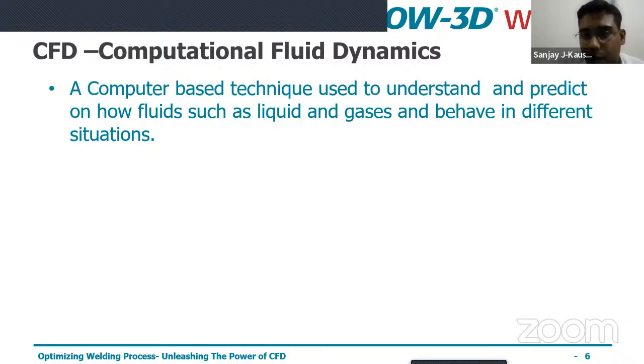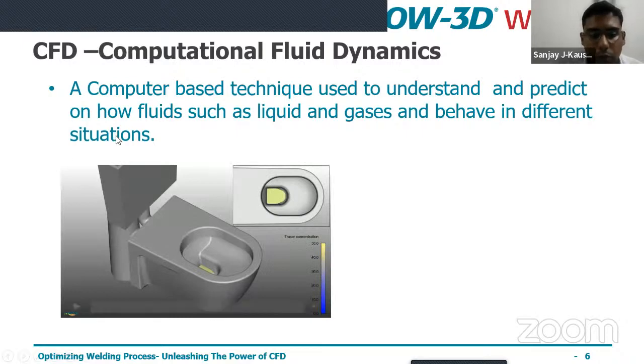To be very superficial, it is basically a calculator to predict the flow of water or any kind of gas or liquid, with respect to time and distance, or with respect to any dynamic forces acting on it. The applications of CFD are wide and vast.